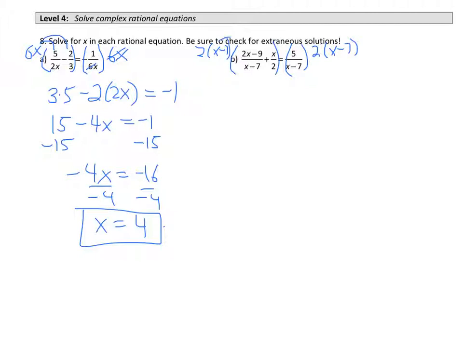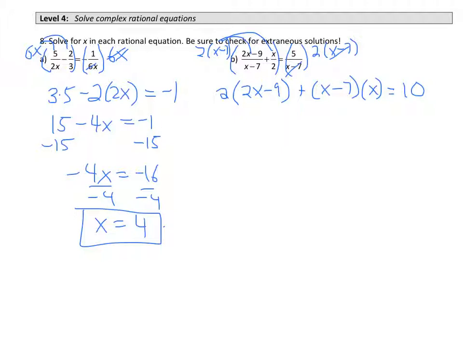When I multiply this first fraction, the x minus 7's will cancel, and I just get 2 times 2x minus 9. And when I multiply the second fraction, the 2's cancel, and I get x minus 7 times x. And on the other side, the x minus 7 parts cancel, and I just get 2 times 5, which is 10.